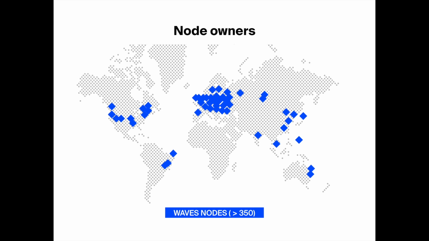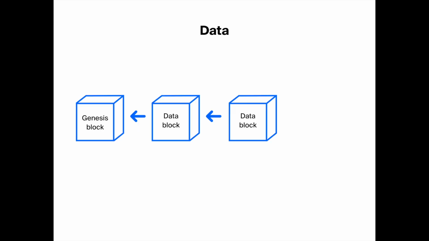Even if we lose all the nodes in Europe, for example, we still have nodes in America that store your data. That means you will not lose your data unless there is no node left, not even one computer storing the blockchain.